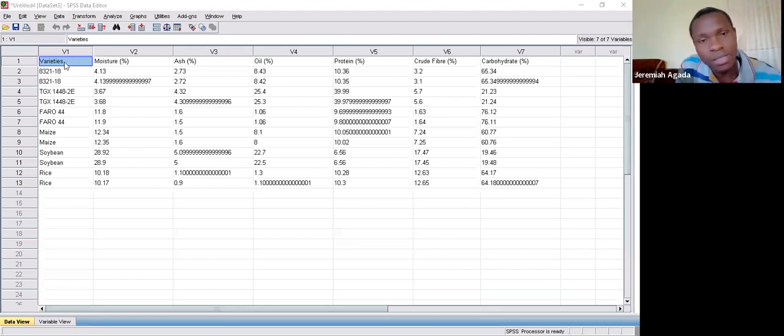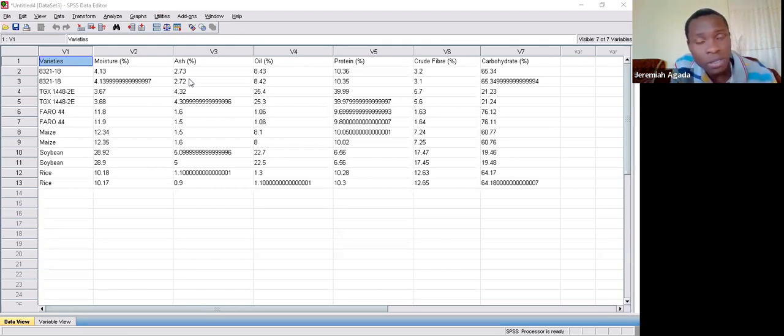This is somebody's research that we worked on. These are various improved varieties, that's genetically modified varieties of rice. They were checked for these contents: moisture, ash contents, oil. That's the approximate composition they were checked for, and then these are the results.